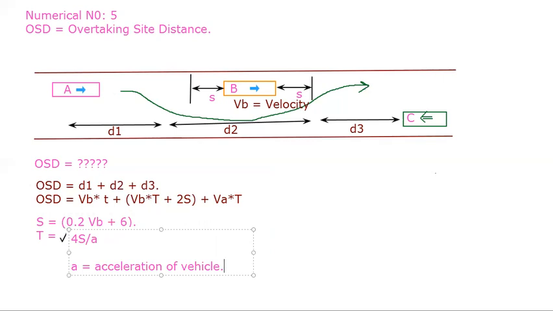So these are the simple formulas by using which you can calculate the values of d1, d2 and d3. So this value of S will be 0.2 of VB plus 6 to 0.7 of VB plus 6. So in this manner, you are getting it.